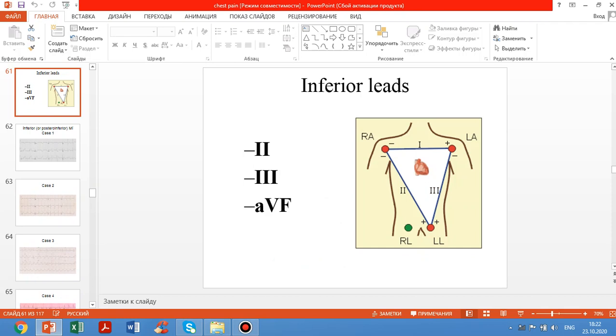Inferior leads, you can see second, third, and AVF. This is the inferior wall of the left ventricle, and the leads which show the damage of this site are the second, third, and AVF leads.